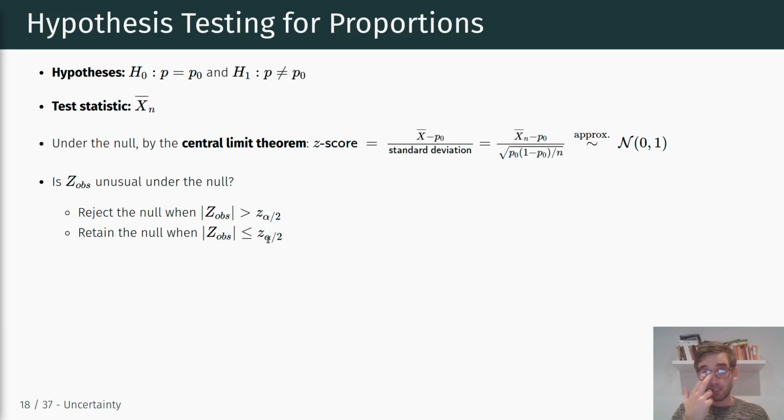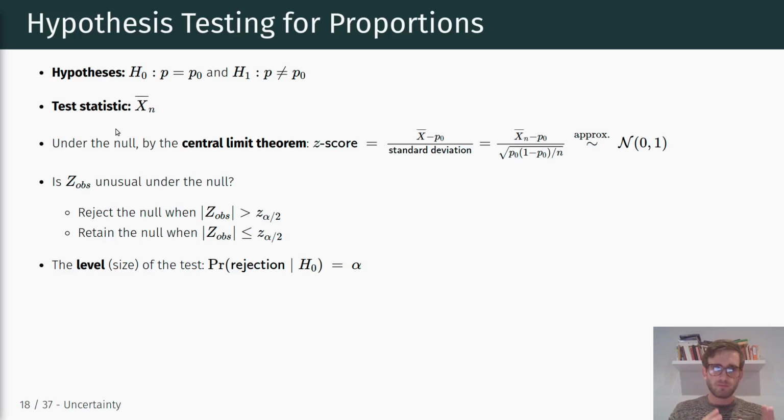Okay? Note here we're looking at the absolute value because our alternative hypothesis is just that p is not equal to p0. It might be larger, it might be smaller. We are agnostic as to whether it's smaller or larger. We're just testing against the null of p being equal to p0, and it can be either smaller or larger than that value.